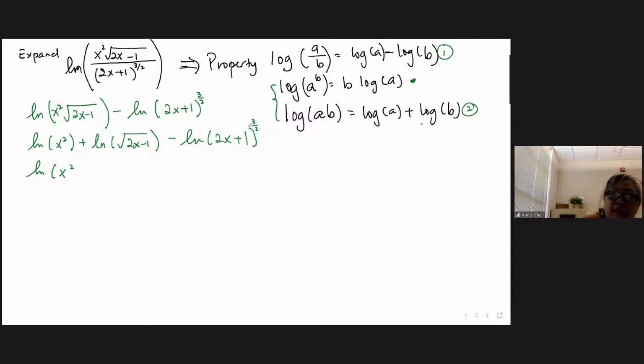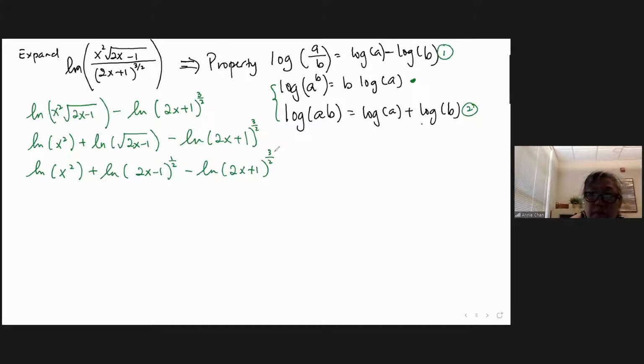Does it matter if I write the exponent outside or inside? Not really, right? It's the same thing. So plus natural log of 2x minus 1 to the power of 1/2 minus natural log of 2x plus 1 to the power of 3/2.